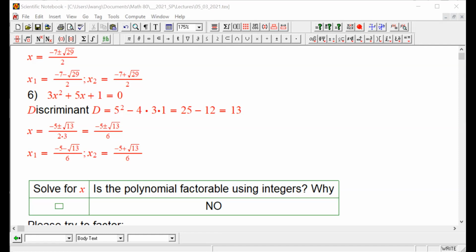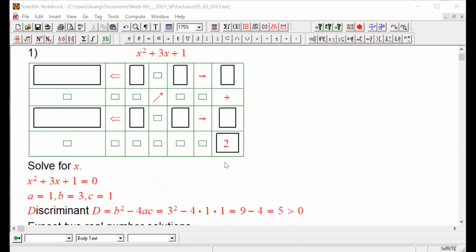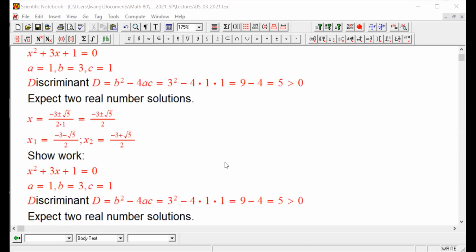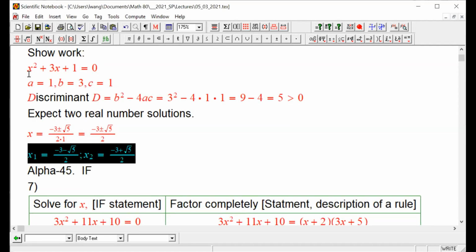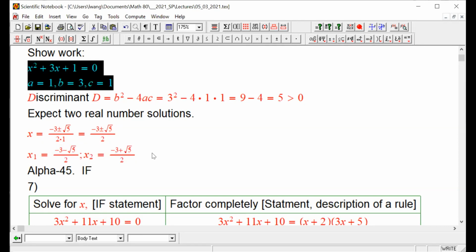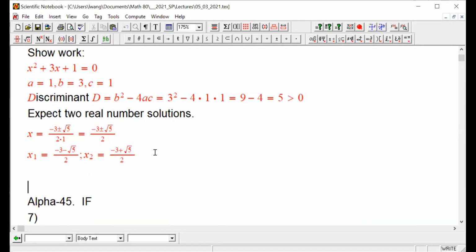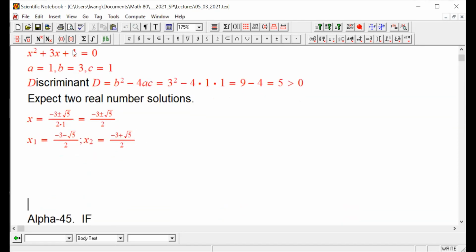For 46, number one, which we just did earlier, we found the solution to that equation, but we didn't get the factor. So in terms of this statement, what are the factors?